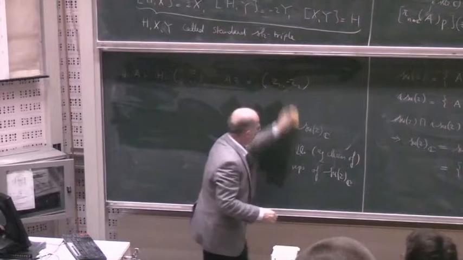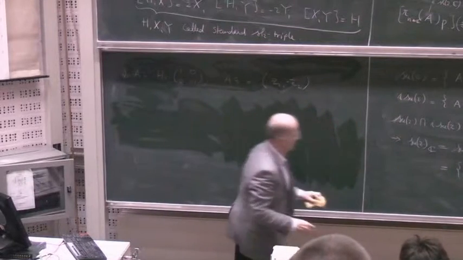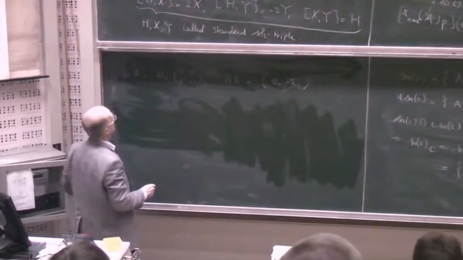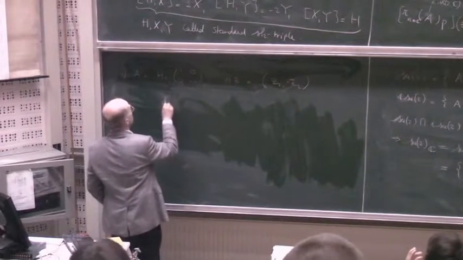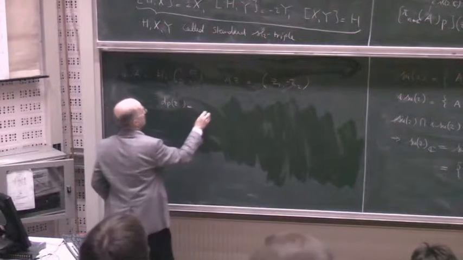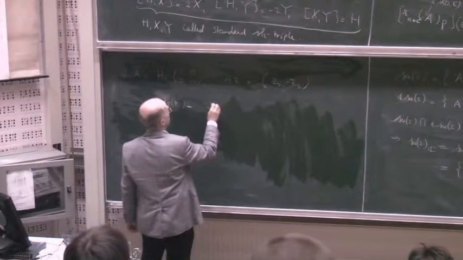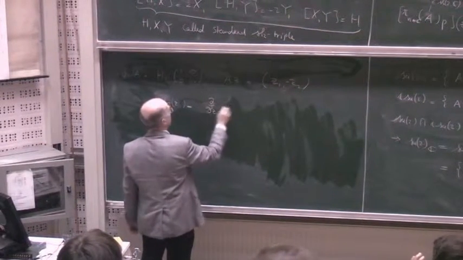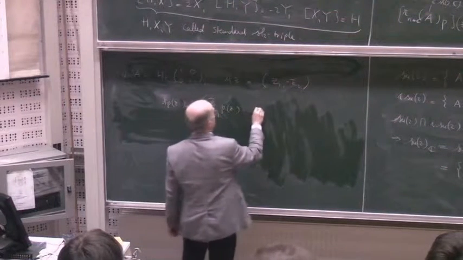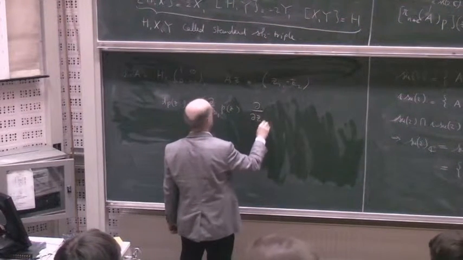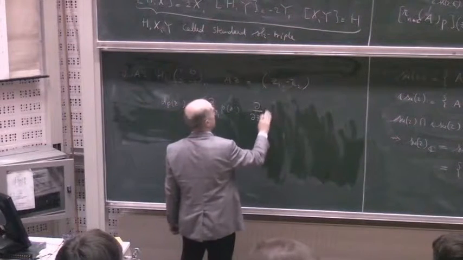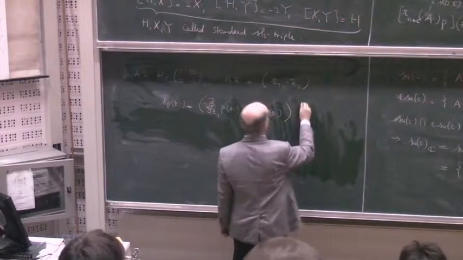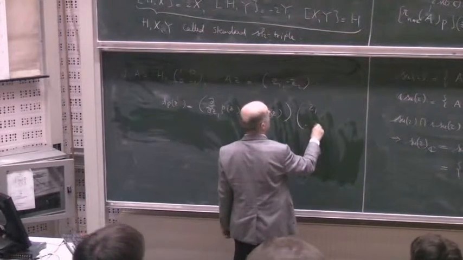That means if we apply the derivative, dp of z is given by the derivative with respect to the first variable, and then the Jacobian matrix has a second entry, and we apply this to a column vector.